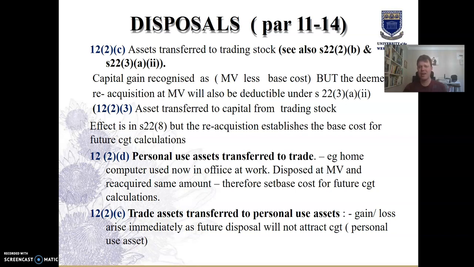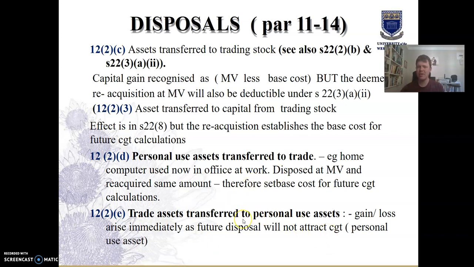The exact same thing happens for personal use assets. If something is a personal use asset and it becomes a trade asset, let's say you take your home computer and decide to use it in your office instead, there's a deemed disposal at market value and a deemed reacquisition, so it's going to set off the CGT. Because it's going from personal use, any gain or loss that you make will be disregarded, and going forward, your base cost will be whatever market value was on that date, so you will have CGT going forward.